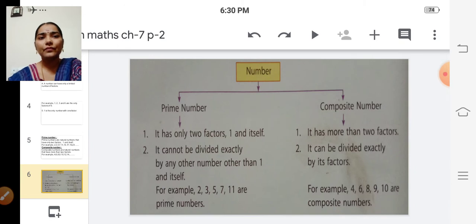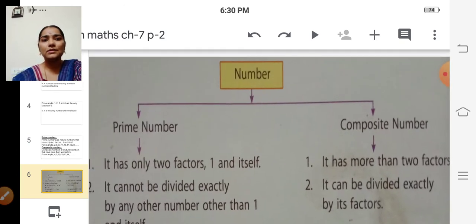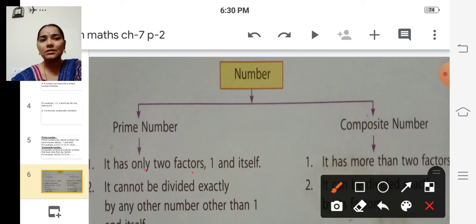So see, a number can be divided into two parts, that is prime number and composite number. Prime number has only two factors, 1 and itself, isn't it? Just now we have seen. Composite number has more than two factors.